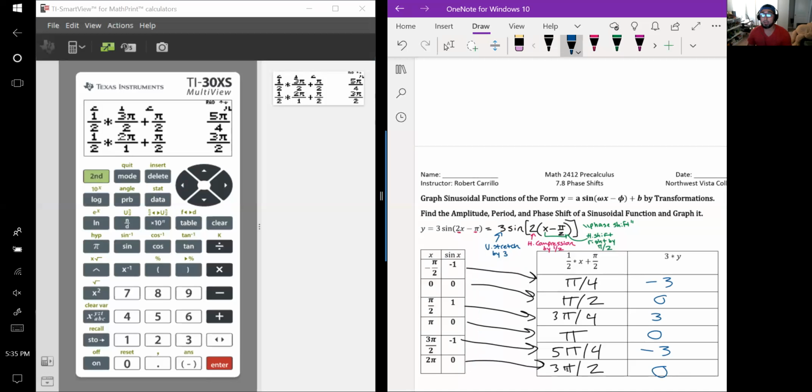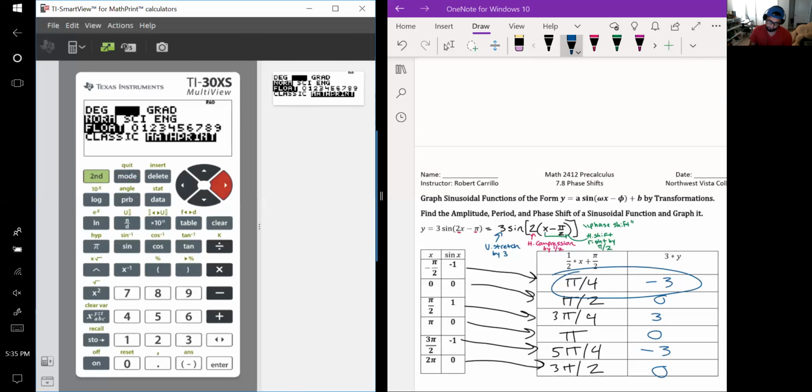And we can, of course, check our work. I can check one of these values. Let's say I want to check pi over 4 and -3. So I'll plug it into my calculator. Make sure it's in radians.